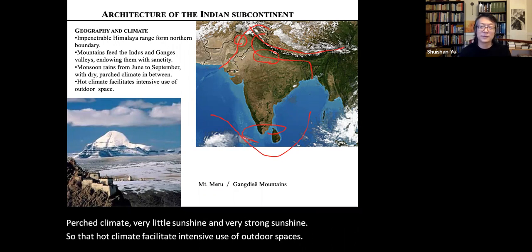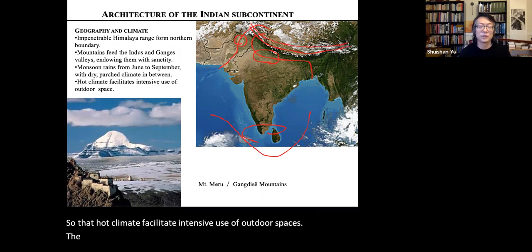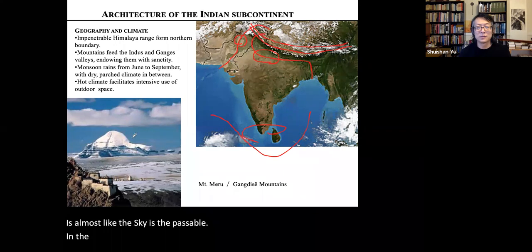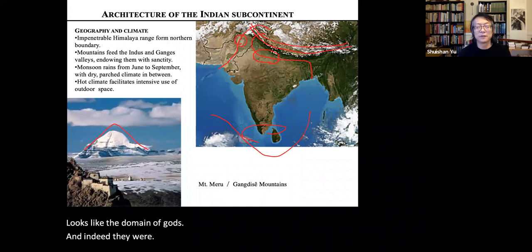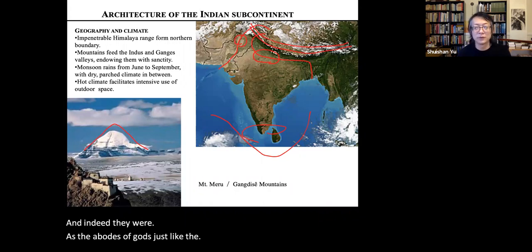The Himalayan mountains screening the north is almost like the sky, insurmountable for the ancient people. And the looming snow mountains looks like the domain of gods. And indeed, they were imagined as the abodes of gods, just like the Mount Olympus for the Greek world.